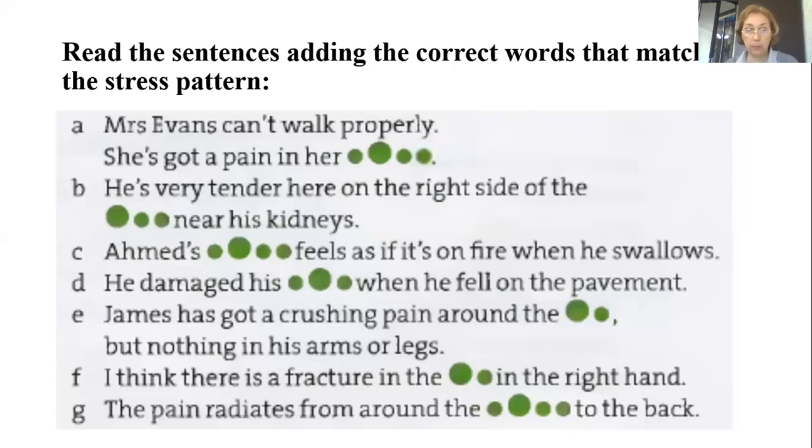Yes, teacher. Number E, yes. James has got a crushing pain around, but nothing in his arm or leg. I think... tell us. This is the breastbone, actually.